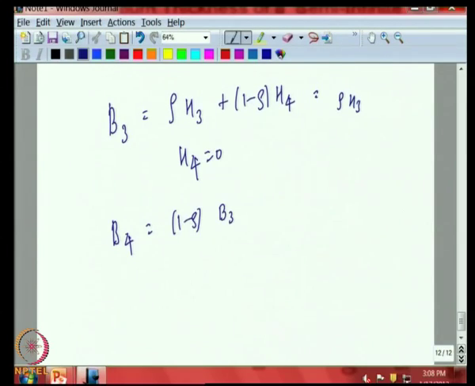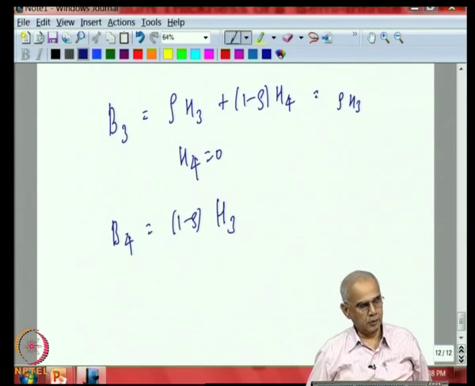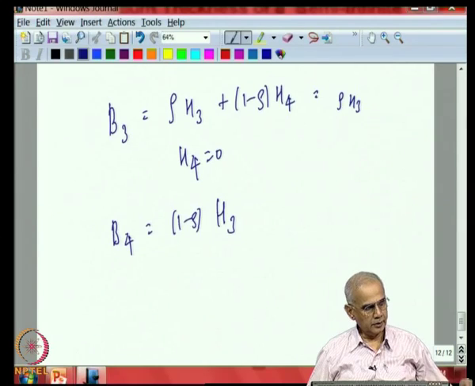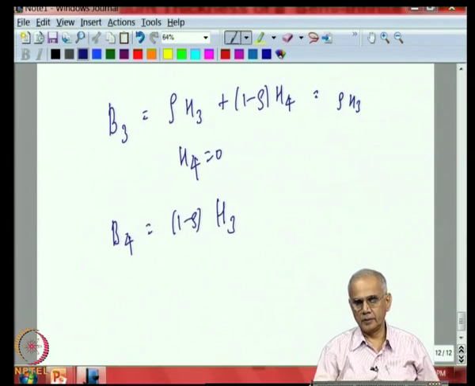Oh, sorry, H3, I am sorry. So, now we have 4 expressions for the 4 radiosities, and now you can calculate the various terms involving net radiation. First, you solve for the radiosities, and then we will look at how to calculate the net quantities.